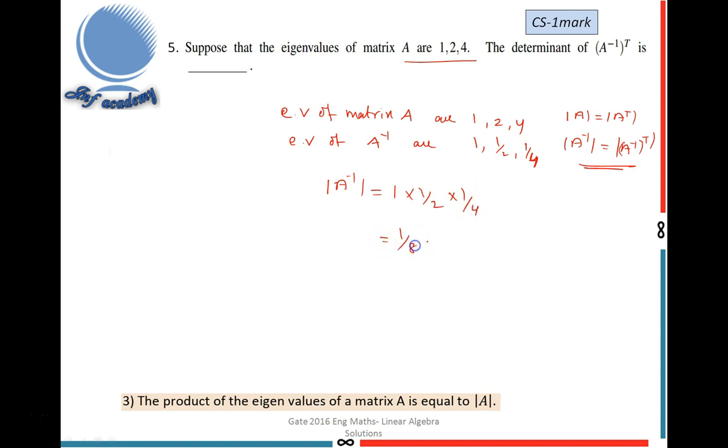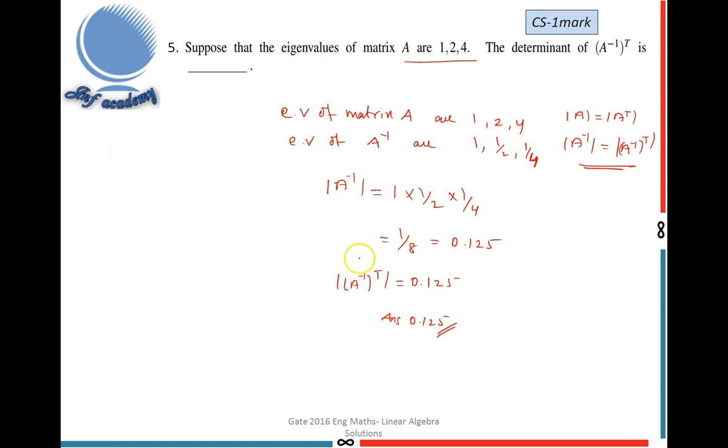So finally I got 1 by 8. This is 0.125. This is the determinant of A inverse. Determinant of A inverse equals determinant of A inverse transpose by using the determinant property. So determinant of A inverse transpose equals 0.125. Final answer is 0.125.